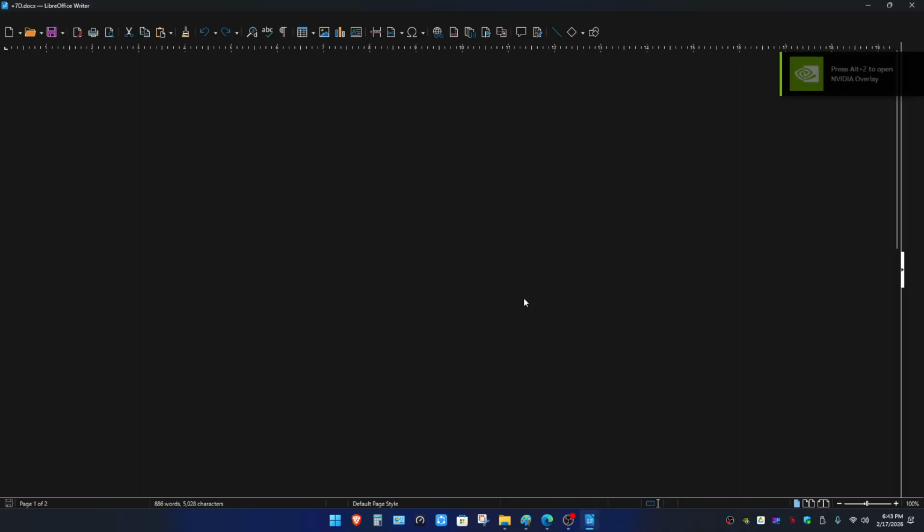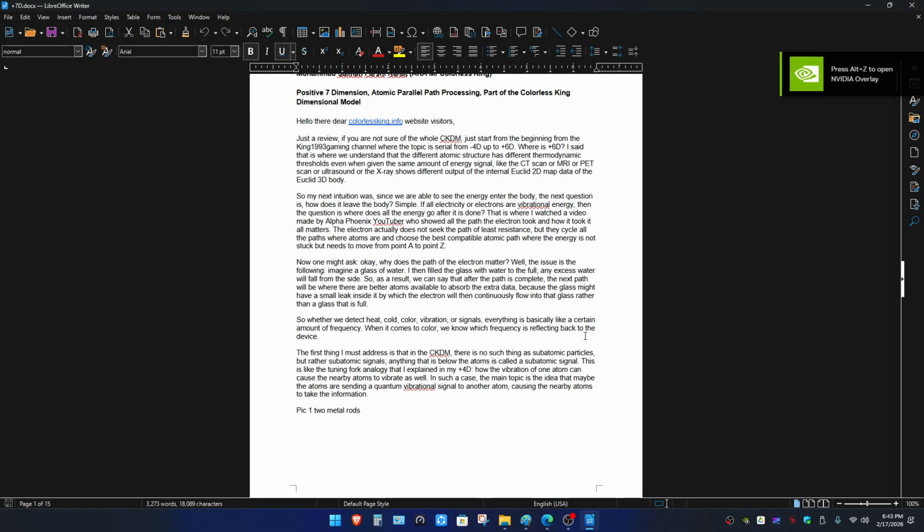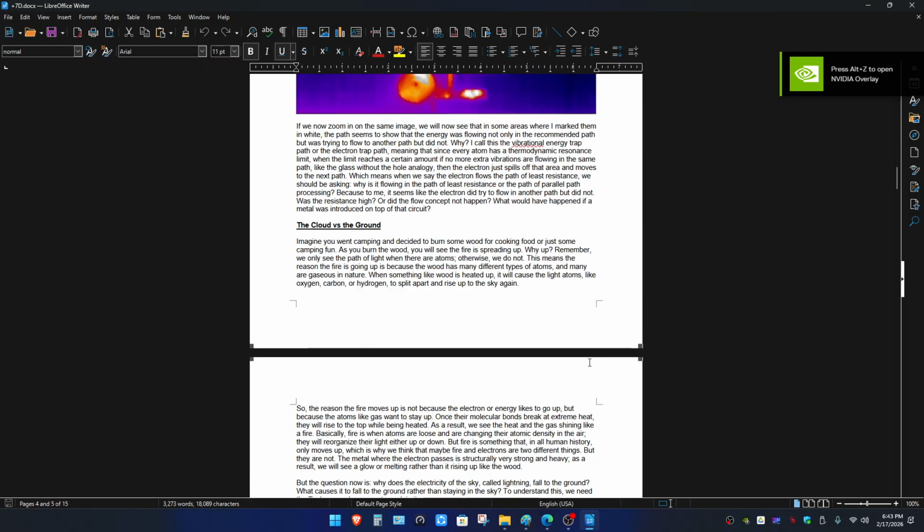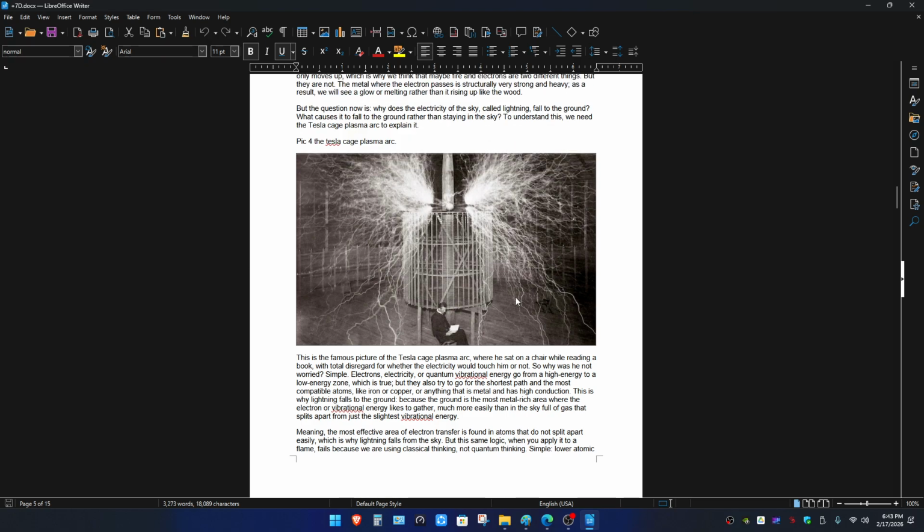Let's say, where does the electron like to go? Electrons like to go along a certain path, and that path is directly determined by which path they wish to follow. They follow the path of least resistance is what the mathematicians are saying, not the scientists themselves.